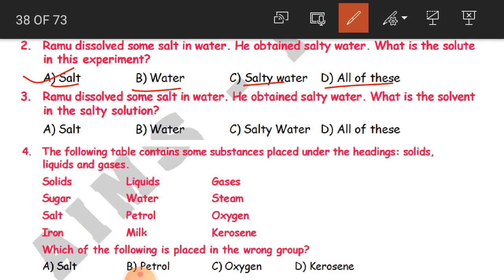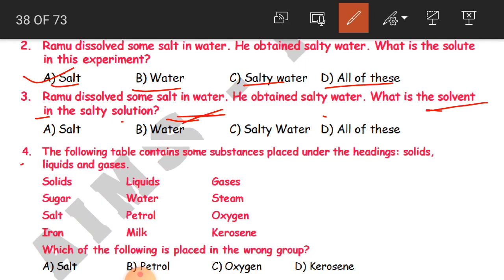Clear? And the third one is Ramu dissolved some salt in water, he obtained salty water. What is the solvent in the salty solution?